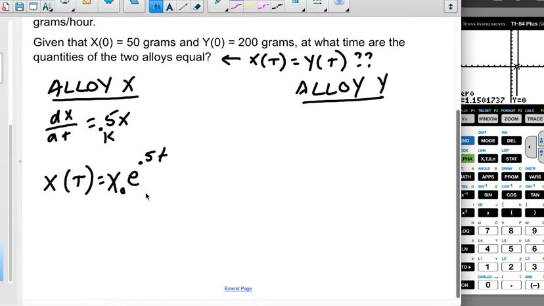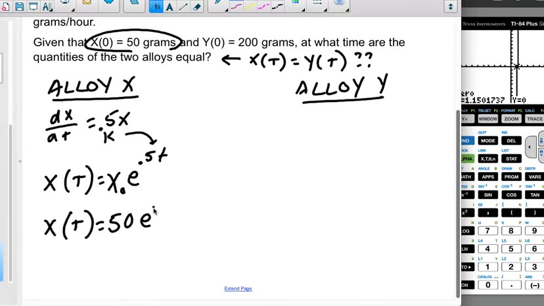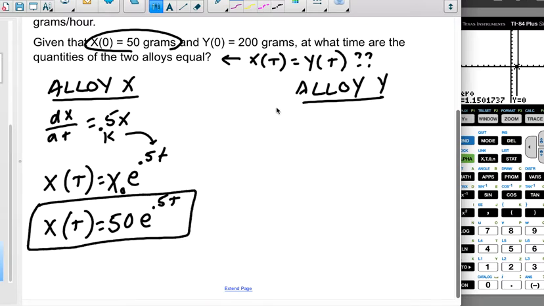So it's not cheating to jump there. It's also not cheating to know that x of 0 is 50, because that's what x naught means. So I can say that x of t is 50 e to the 0.5t. So I need an equation for x of t.